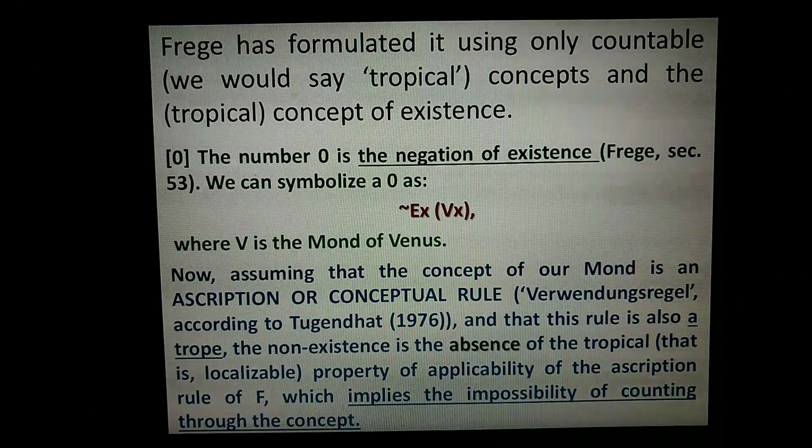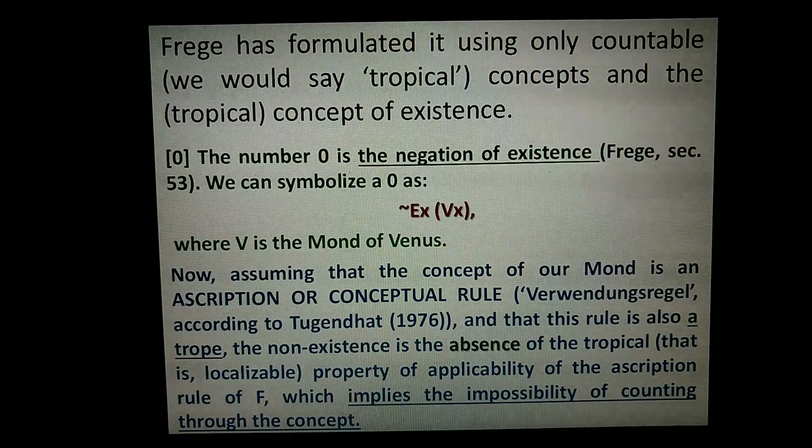Now, assuming that the concept of moon is a description or conceptual rule, differently from Frege, what Tugendhat called Verwendungsregel or application rule, and that this rule is also a trope.